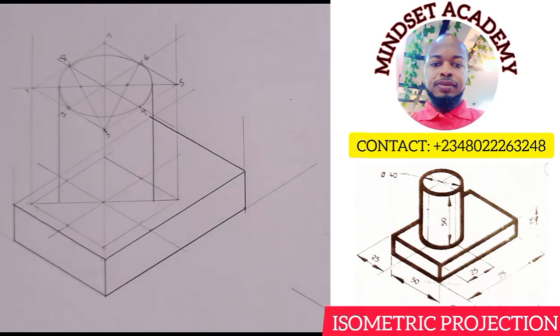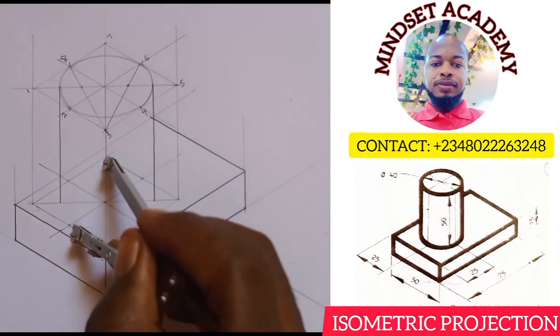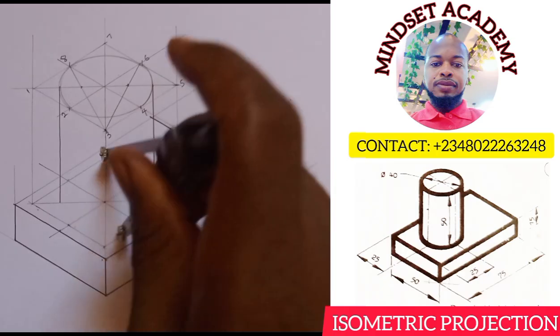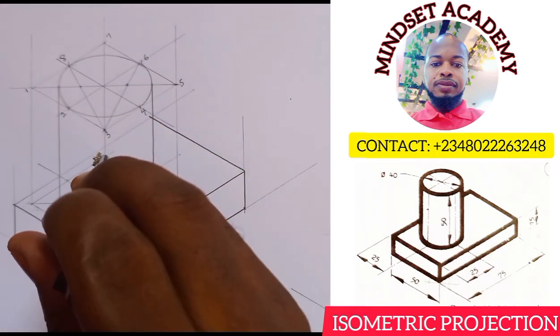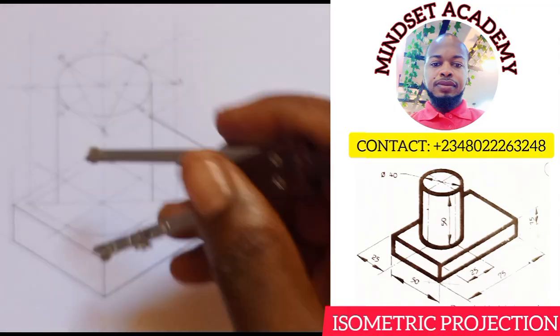Hope you can see that. So after I've done that, from this end also to get the other point too. So just like what I did up, I'll do it down also. So what I'm after is this. I'll close it up. And you see that?